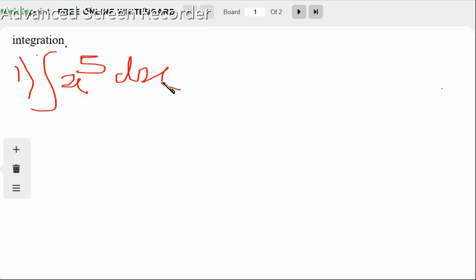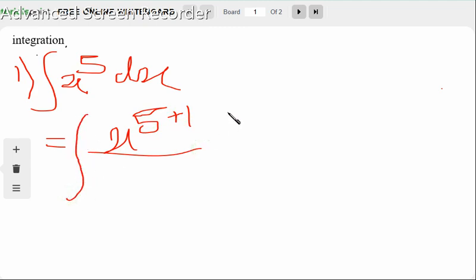As we integrate x to the power 5 dx, according to the power rule, we get x to the power 5 plus 1, and we divide by the same exponent plus 1, plus c, which is the constant.